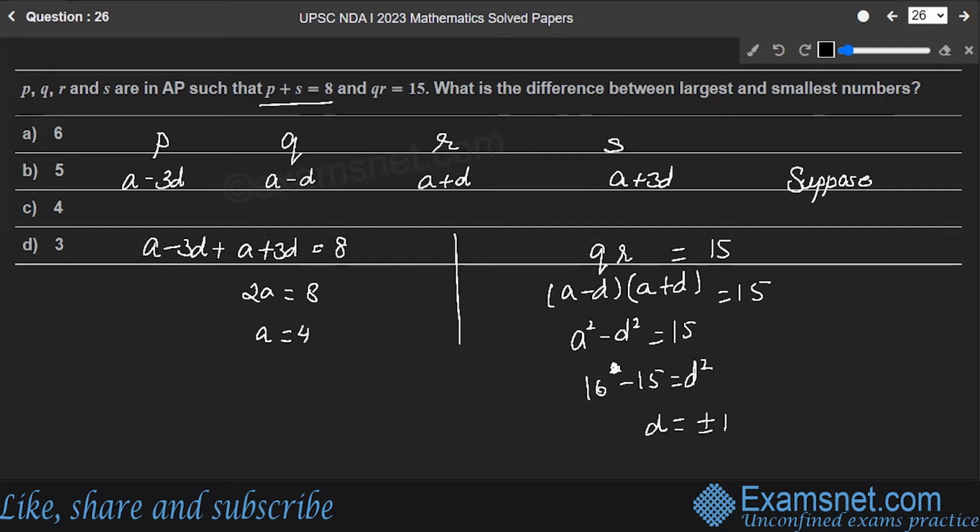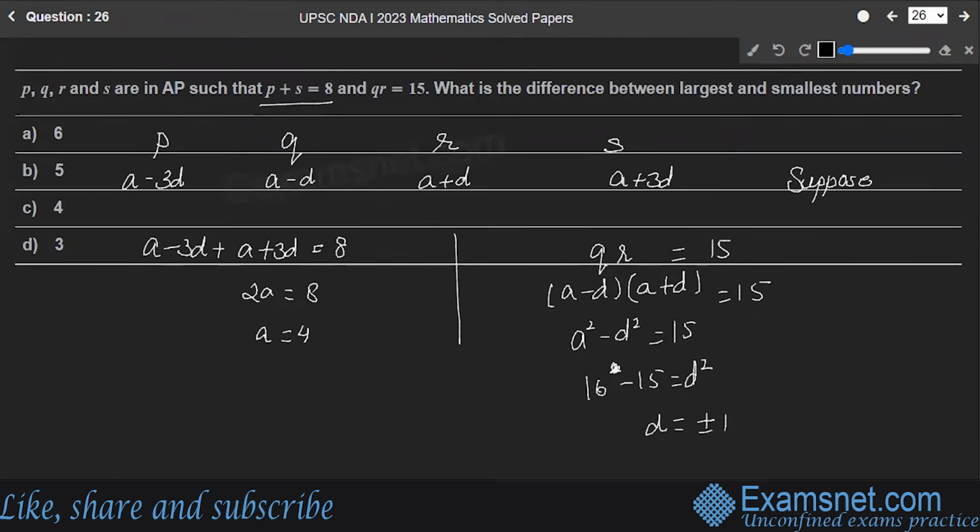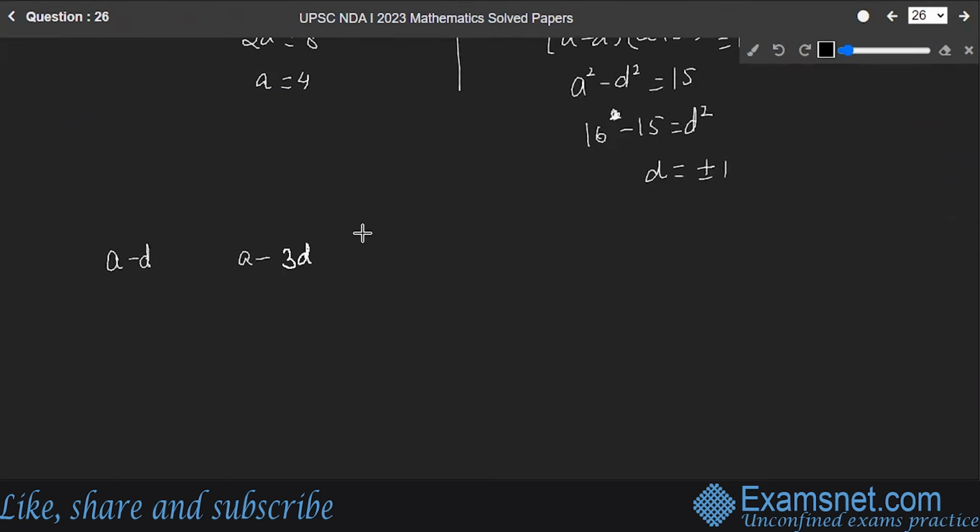So hence the numbers will be, if I'm taking the 4 numbers as A minus 3D, A minus D, A plus D, and A plus 3D. A was 4. If I'm taking D as 1, that means this is 4 minus 3, that is equal to 1.